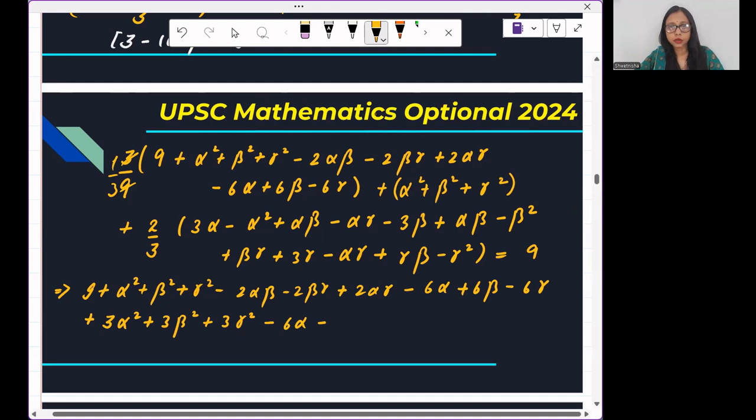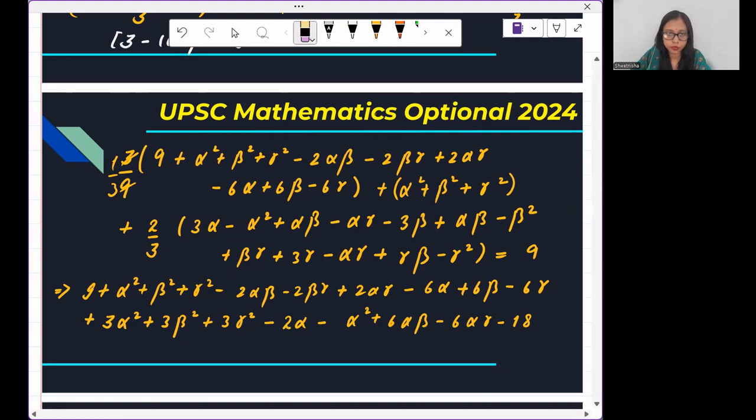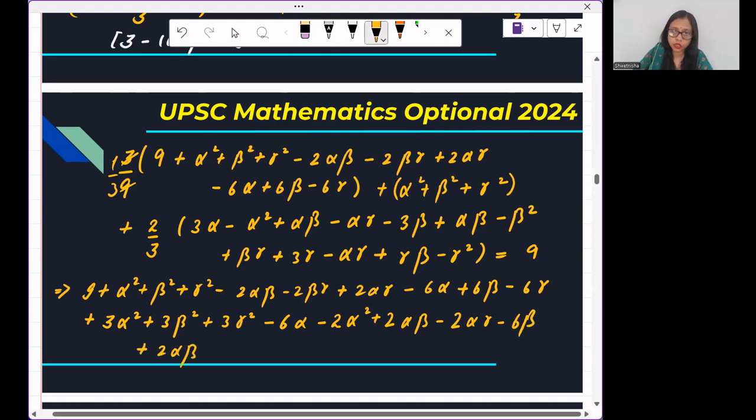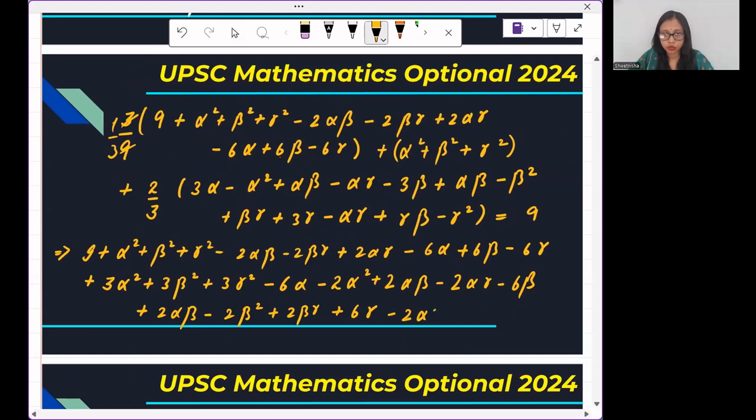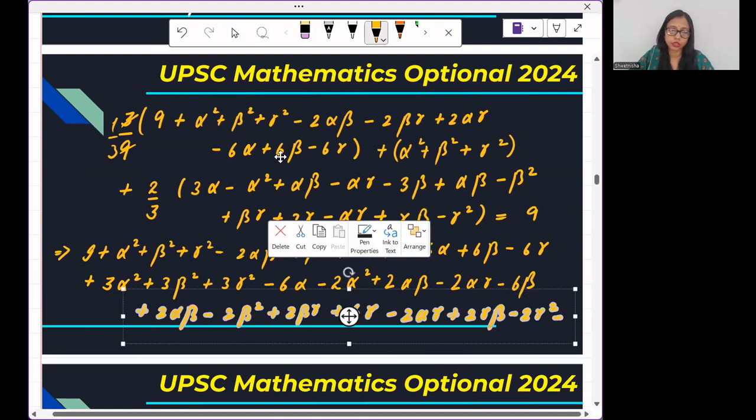So 6 alpha minus 6 alpha square plus 6 alpha beta minus 6 alpha gamma minus 18 beta plus 2 alpha beta minus 2 beta square plus 2 beta gamma plus 6 gamma minus 2 alpha gamma plus 2 gamma beta minus 2 gamma square minus 27 is equal to 0.